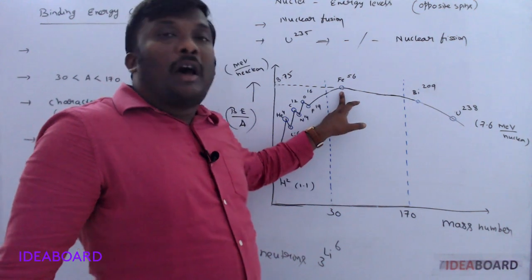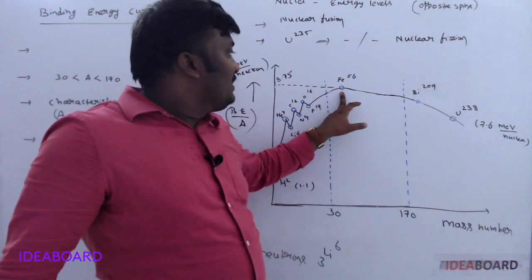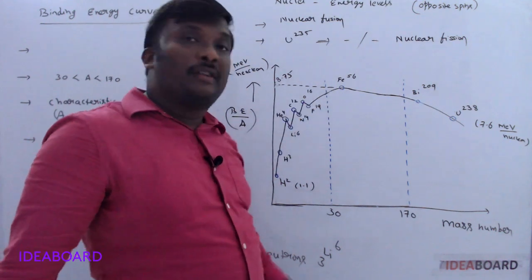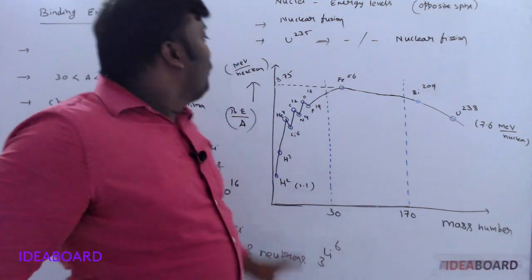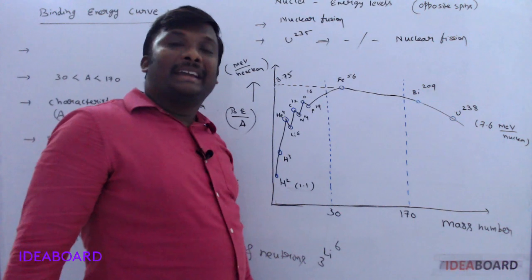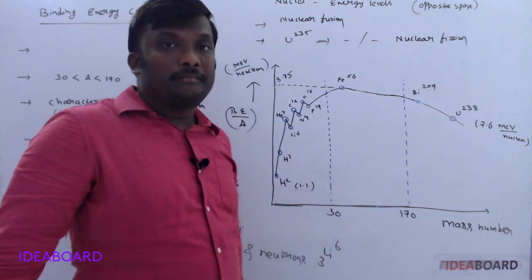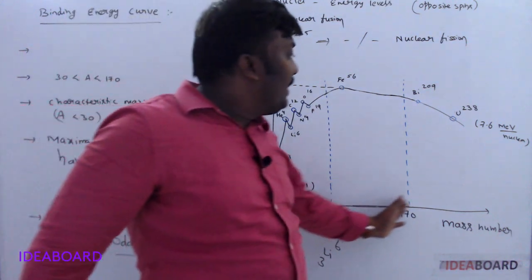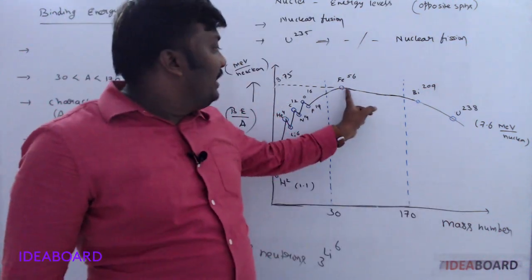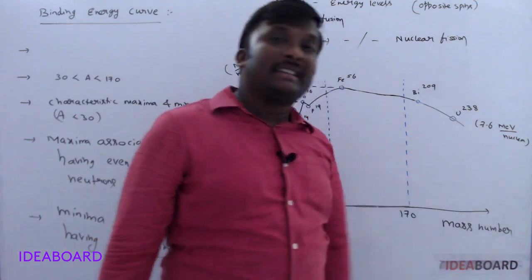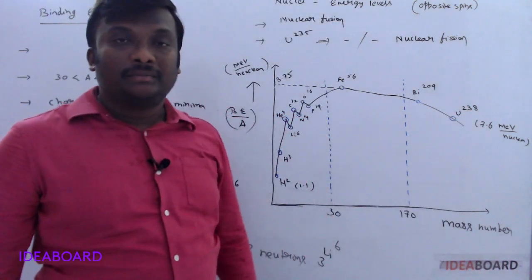The most stable nucleus was iron, with binding energy nearly 8.75 MeV. Most nuclei have an average binding energy near 8 MeV. On increasing the mass number, binding energy also falls. For example, for uranium 238, it is 7.6 MeV per nucleon.